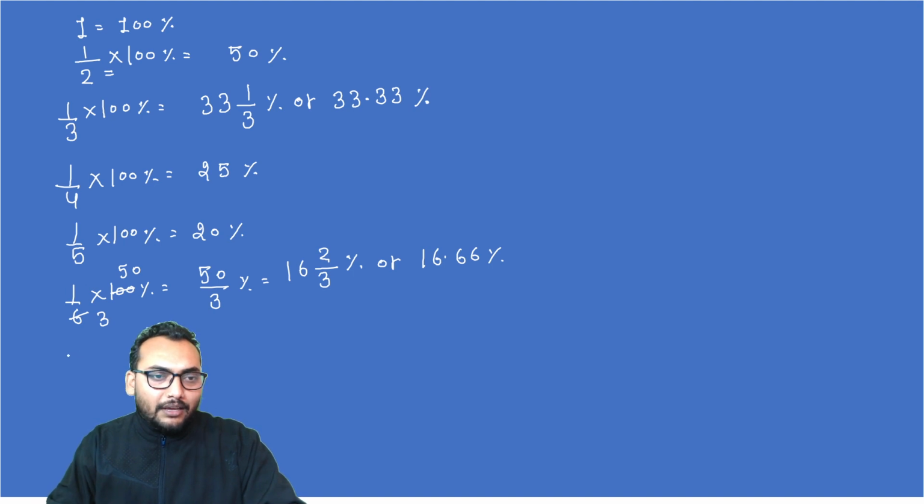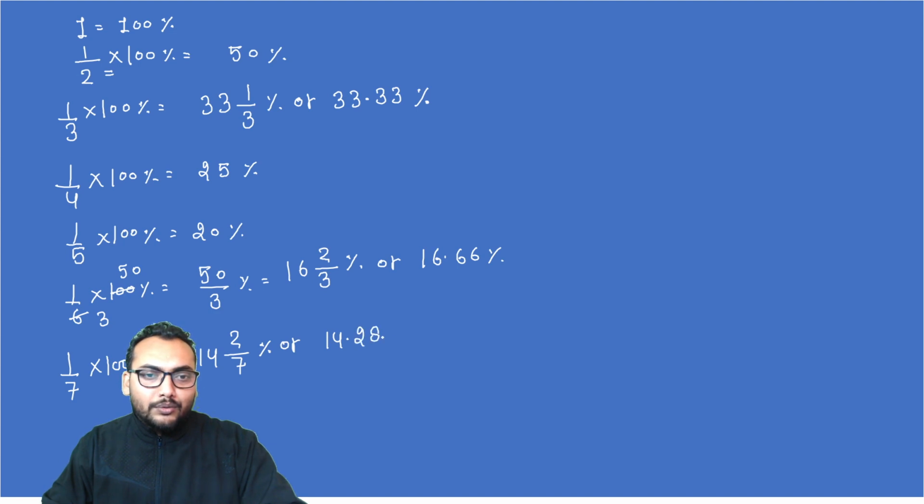And in the same way, if you want to convert 1 by 7 into percentage, you have to multiply 1 by 7 with 100. So what you will get is 14 2 by 7 percent, or you can write it as 14.28%. If you want to convert 1 by 8 into percentage, you have to multiply again with 100.